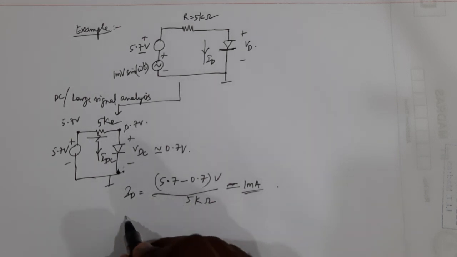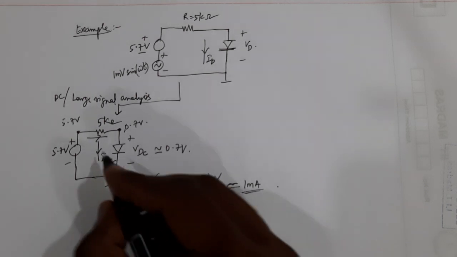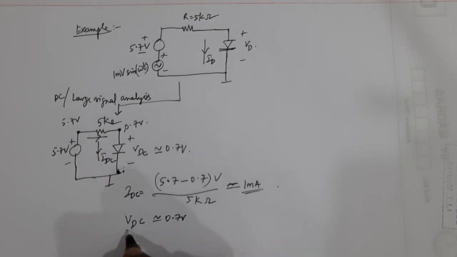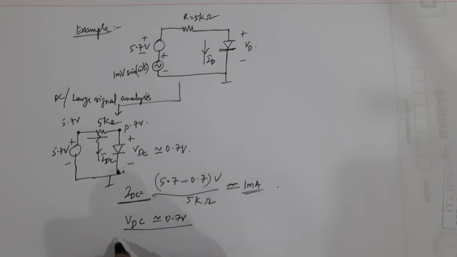So what is VD or ID? Rather, this is IDC, and VDC is approximately equal to 0.7 volt. So this process of estimating the DC voltage and DC current is very important.